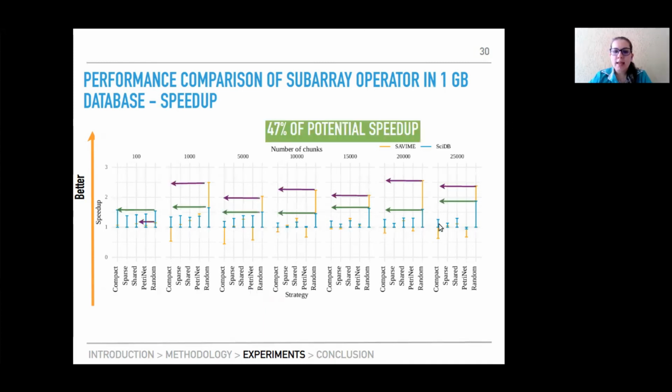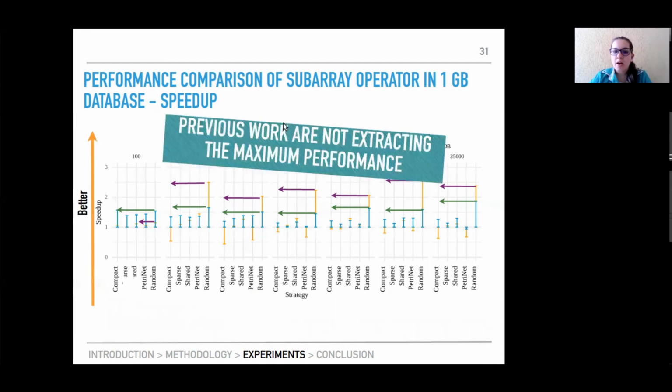We can see that even though the strategies in the literature generally show a gain of speedup, the best result of the random strategy shows that we have a performance gain space of 47% because the strategies in the literature are not getting the maximum performance.